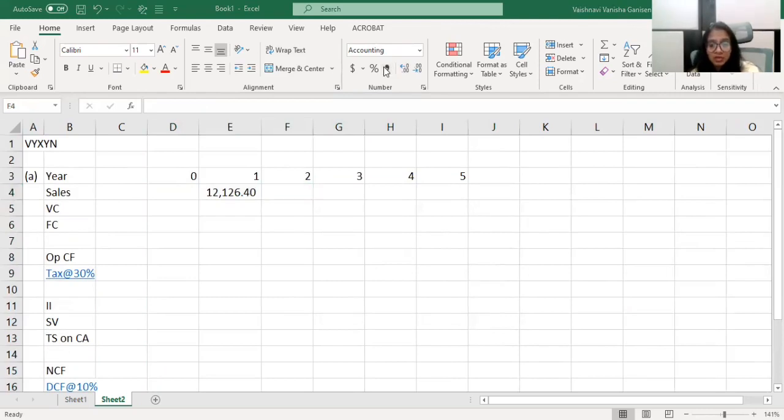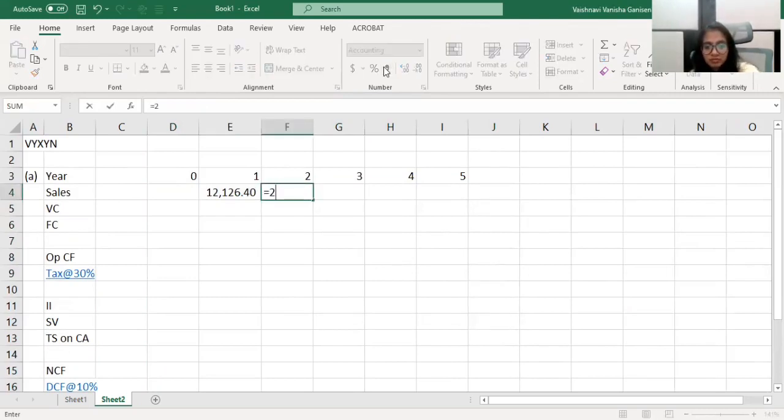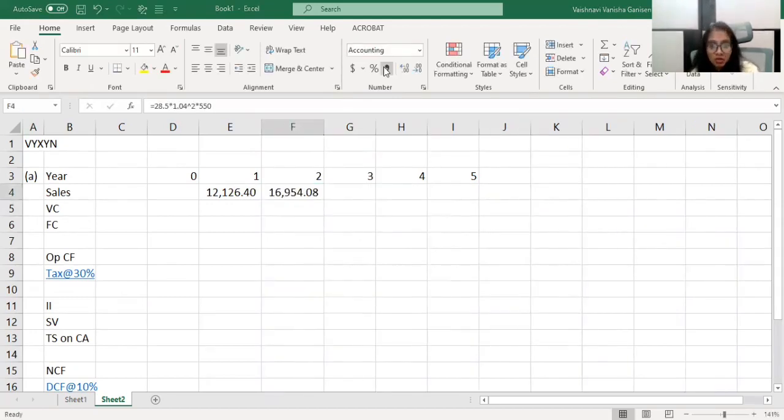Number two, 28.5 multiply 1.04 to the power of 2 multiplied by 550 units. I'm doing it all in thousands, so I only take the 550.